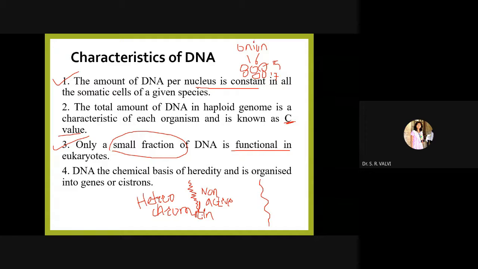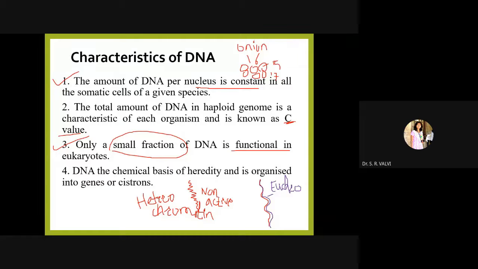Transcription is nothing but the conversion of DNA into RNA, right? As heterochromatin is very much condensed, it is non-active and does not take part in transcription. Whereas, on the other hand, let me change the color of my pen. Here you can see this is very loosely arranged chromatin, which is called euchromatin.